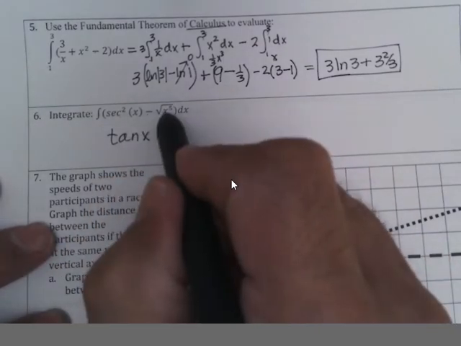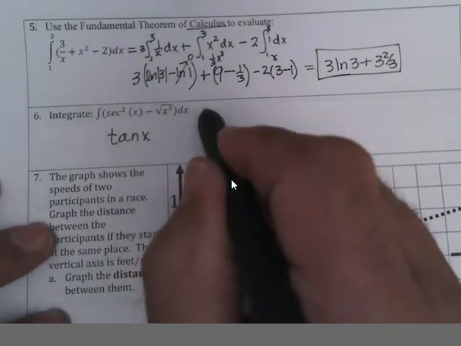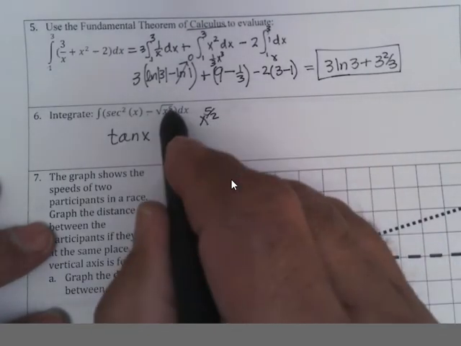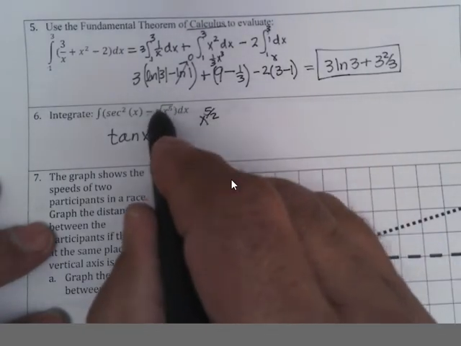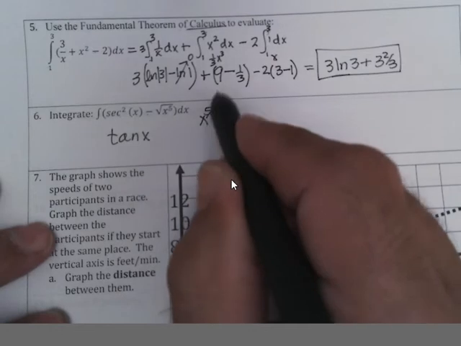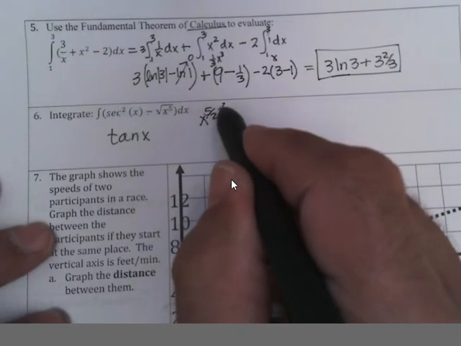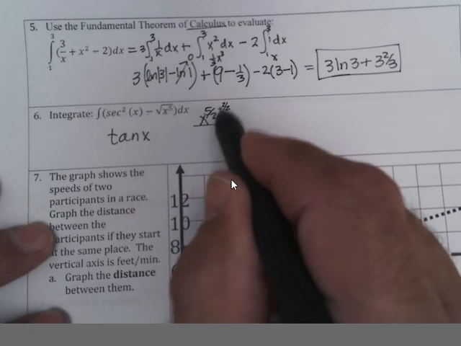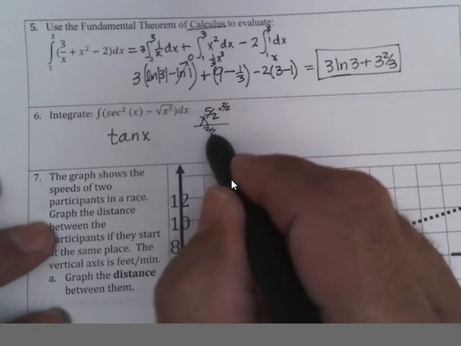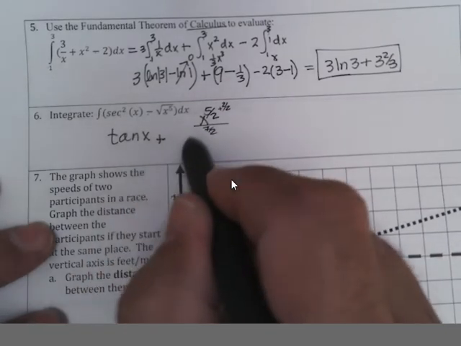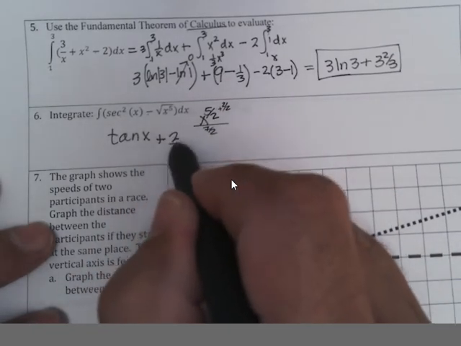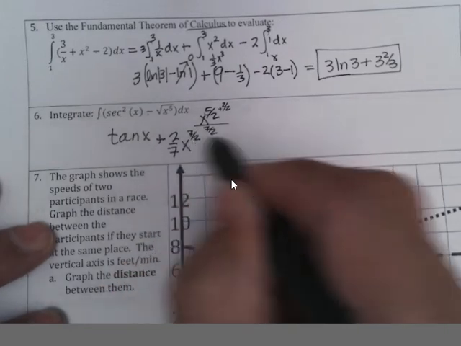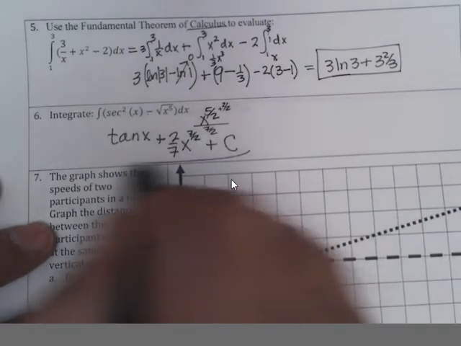This is x to the 5 halves, the fifth to the power 5, and then square root. So if I do the antiderivative, I'm going to add 2 halves, 1, and so I'm going to divide by, see, that would be 7 halves. So it'll be plus 2/7 x to the 7 halves plus c.